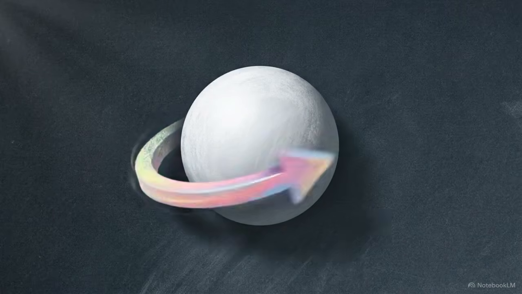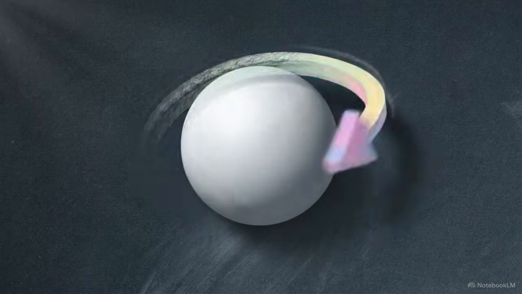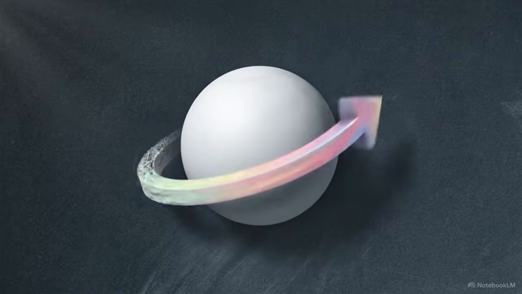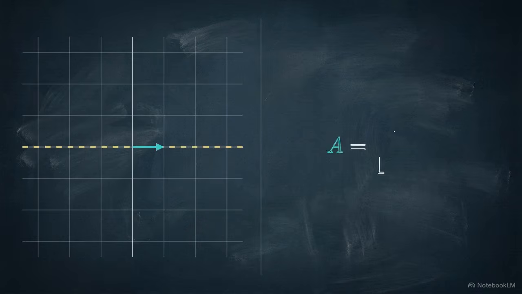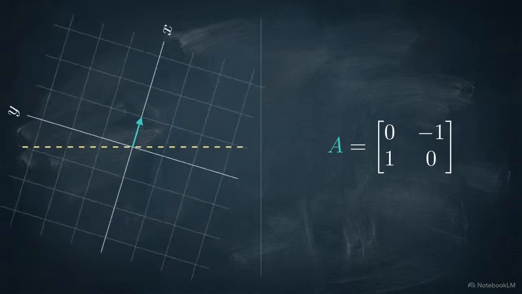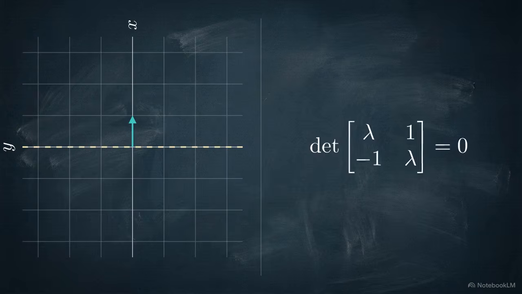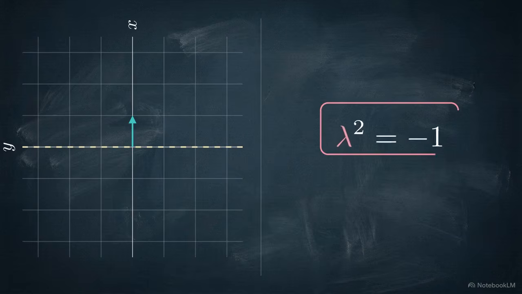However, the existence of a characteristic polynomial does not always guarantee the existence of a corresponding characteristic vector. Take Hoffman and Kunze's Example 1, a 2x2 matrix rotating a coordinate plane by 90 degrees. Its characteristic polynomial results in lambda squared plus 1 equals 0. This requires finding a lambda where lambda squared equals -1.